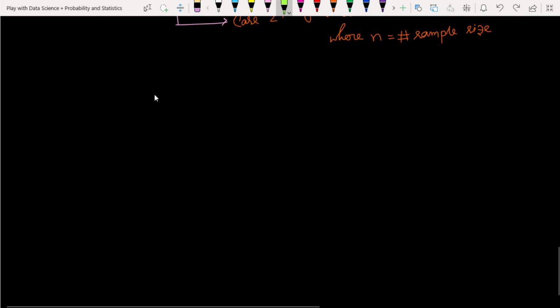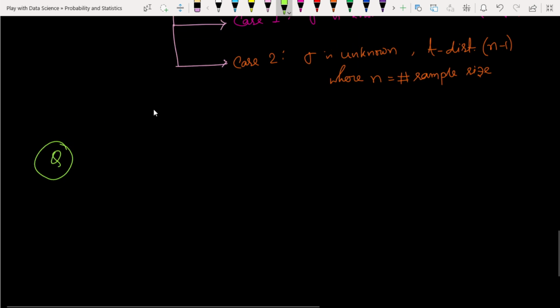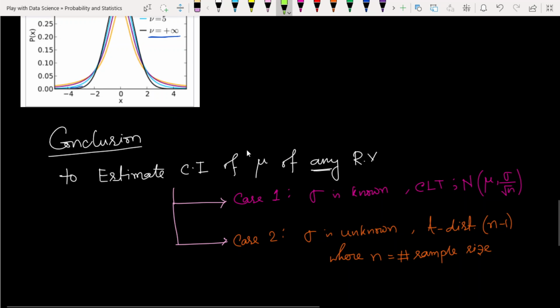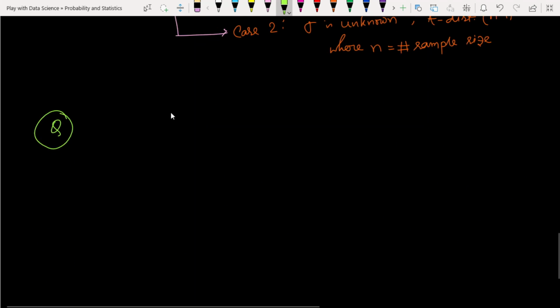This is the big question. Only finding the confidence interval of a population mean is not enough. Somewhere we have to find the confidence interval of the standard deviation. That is also important for real world applications.